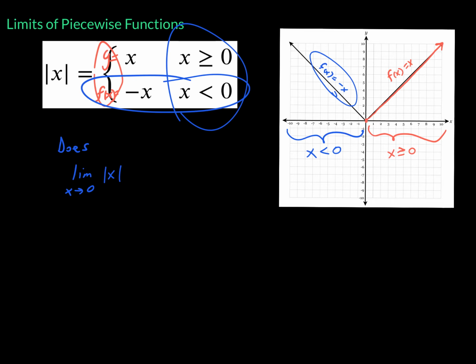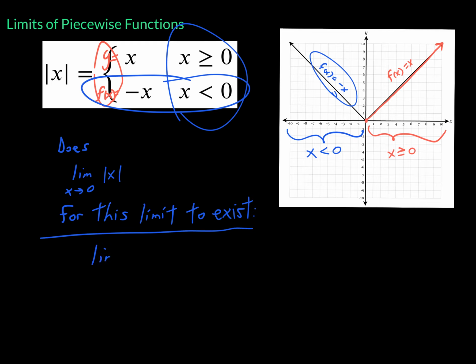Let me write that down so you write it down. For this limit to exist, the limit as x is approaching 0 from the left side of our function must equal the limit as x is approaching 0 from the right side of our function.